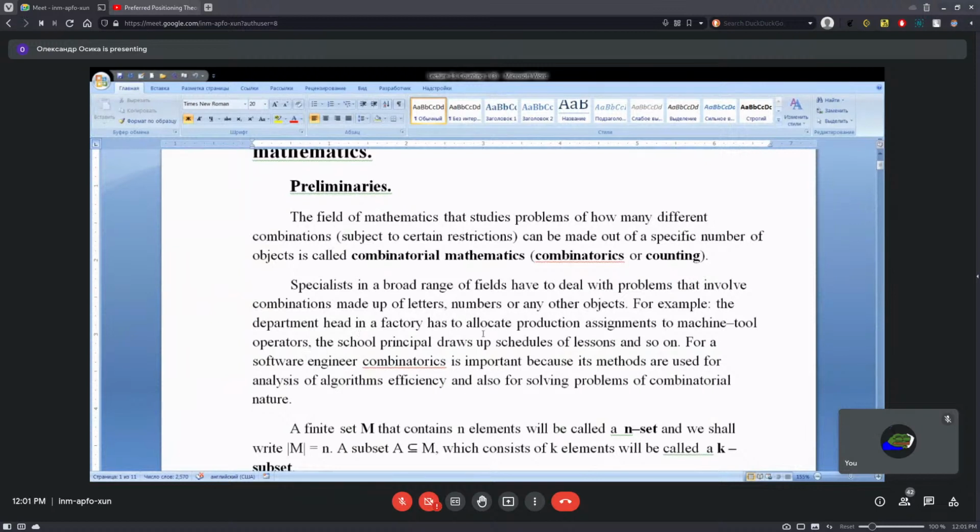Head means boss, department means shop, sometimes a shop is called a department. Machine tool is a metalworking machine, as a rule. There are different variants for such allocation of assignments.